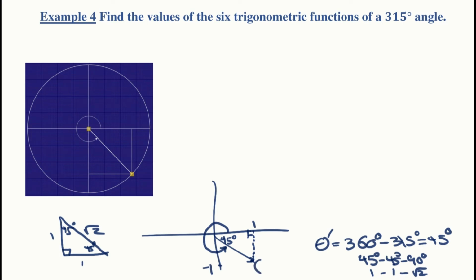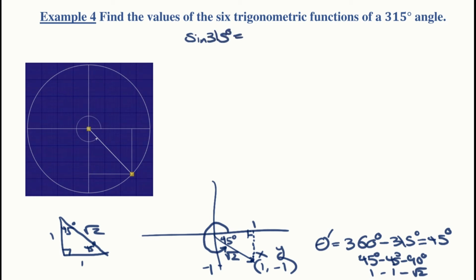So the ordered pair of interest will be 1 comma negative 1, with the x being 1 and the y being negative 1, right? So now we know that the square root of 2, of course, is not going to change. That's going to be positive. So now we can find the values very easily. So we have sine of 315 degrees.